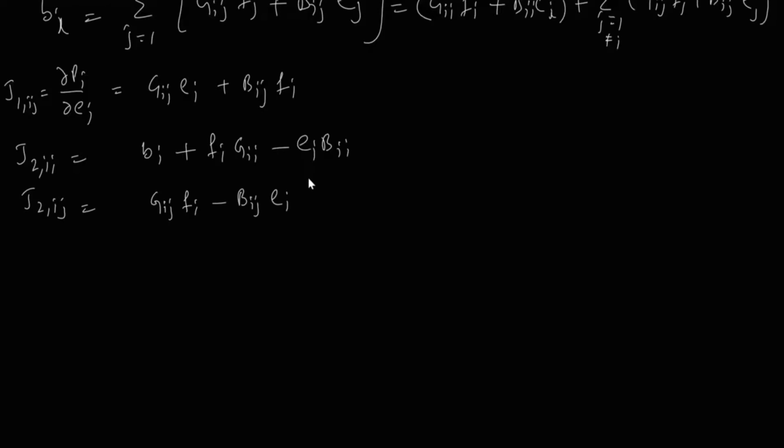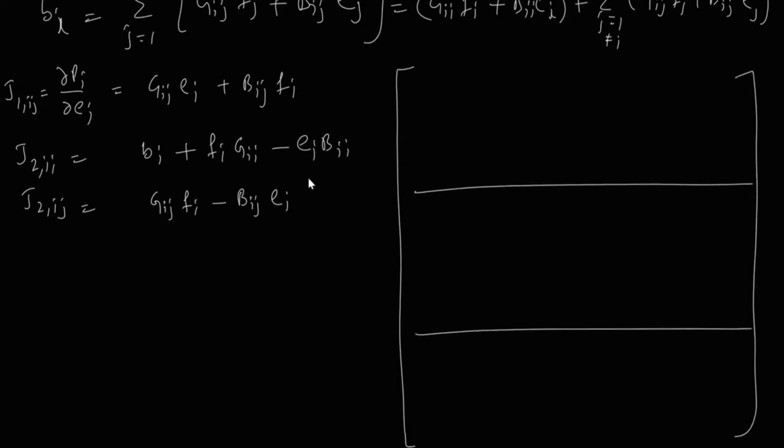Shall I write it like this? Otherwise, this is J1 ii. J1 ii was Ai. ఇందాక రాసింది ఏంటి, ఏం రాసాము?